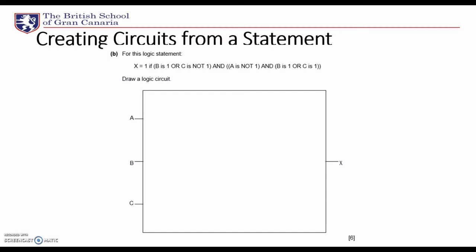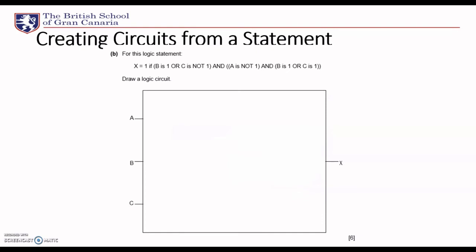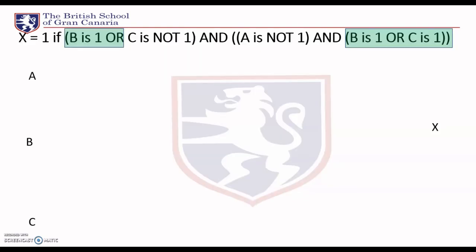Okay? The only rule is that the brackets will come first. And you can see that there's brackets, but sometimes the brackets don't necessarily always make a huge difference. So we're going to go through this first. As you can see, this is exactly the exam question you see there. So firstly, because remember, it always goes NOT, AND, OR, I've highlighted the ORs here.